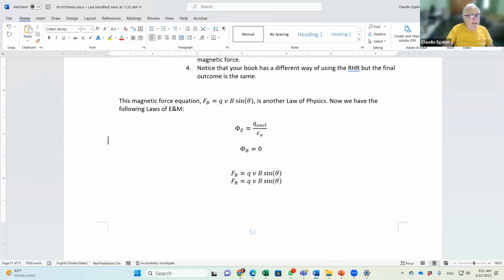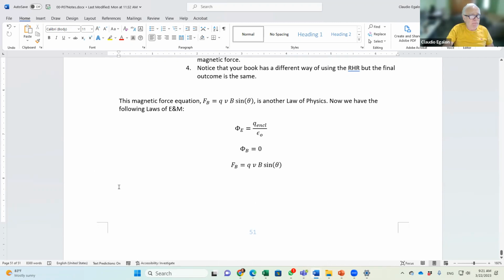The flux of the electric field is equal to the charge enclosed by the Gaussian surface. The flux of the magnetic field through a Gaussian surface is equal to 0. And we have this other one here.